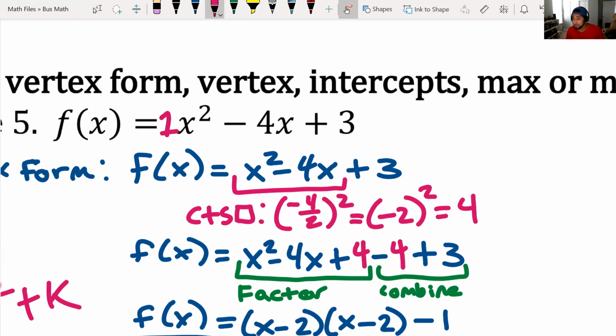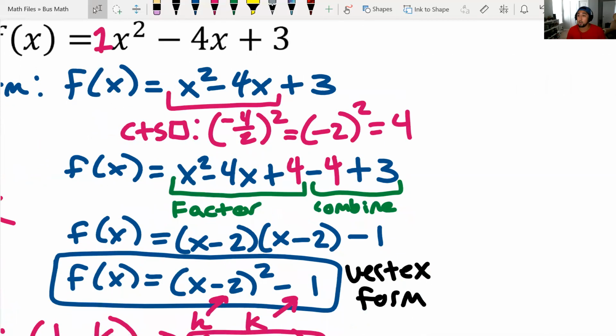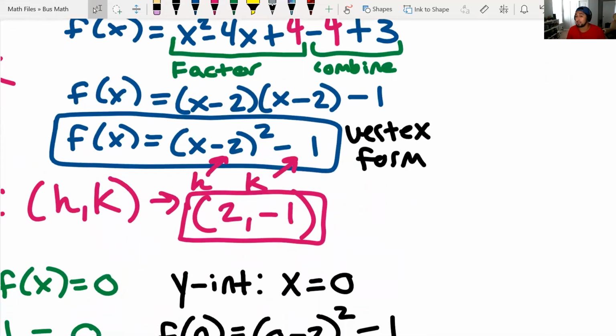And if the leading coefficient is positive, our graph will open up, creating a minimum. So that minimum will happen at the k value of the vertex. So it's good that we actually know the k value of the vertex. K is -1.